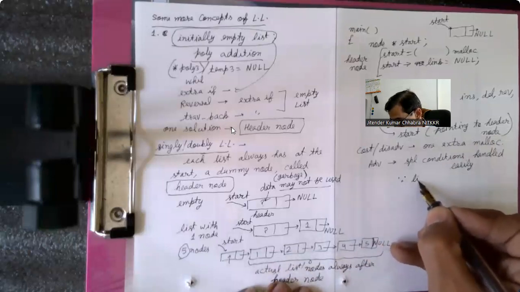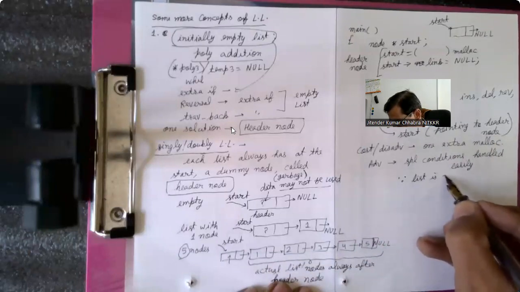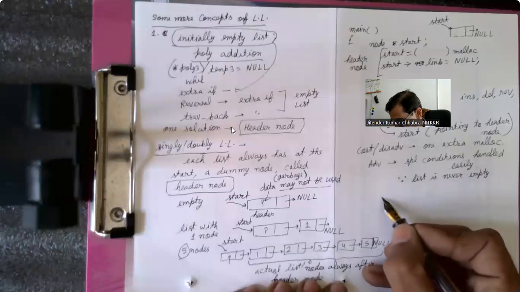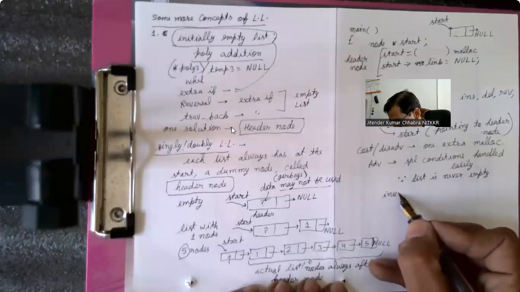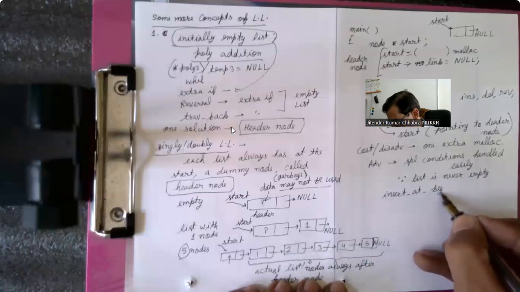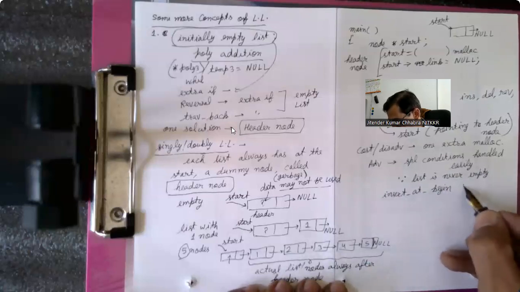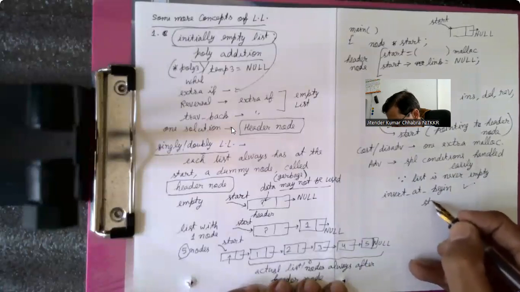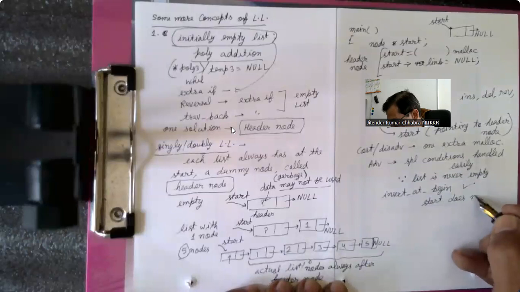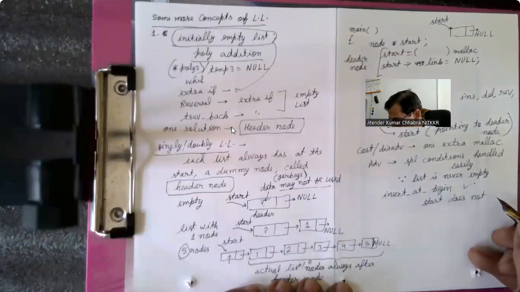Because the list is never empty, for example, if I now say insert at begin, no special checks need to be done. Simple. Even start does not change. Insert at beginning will mean data will be inserted after the header node.